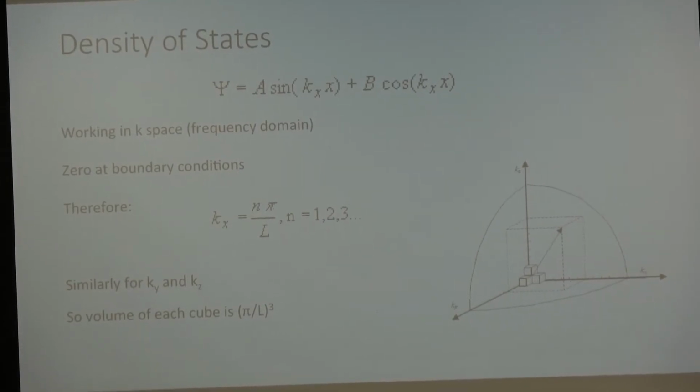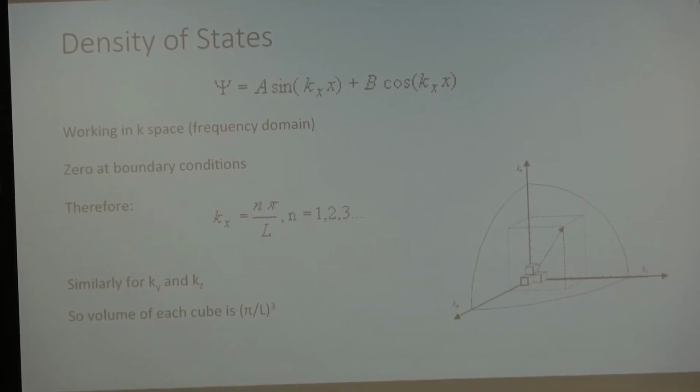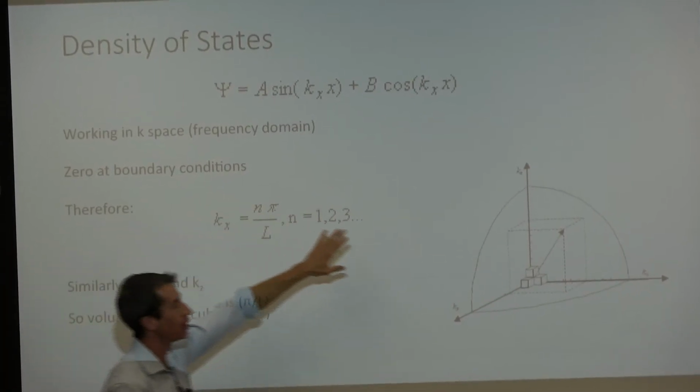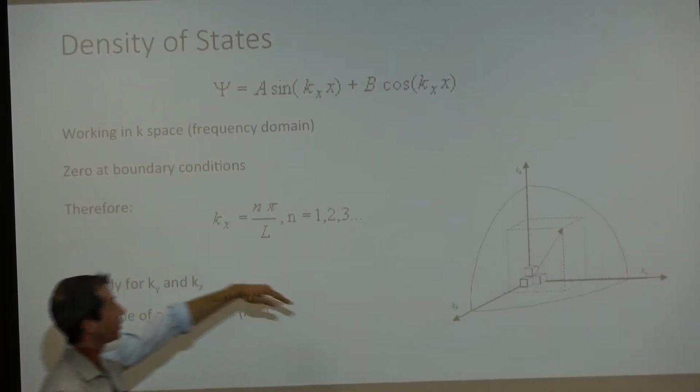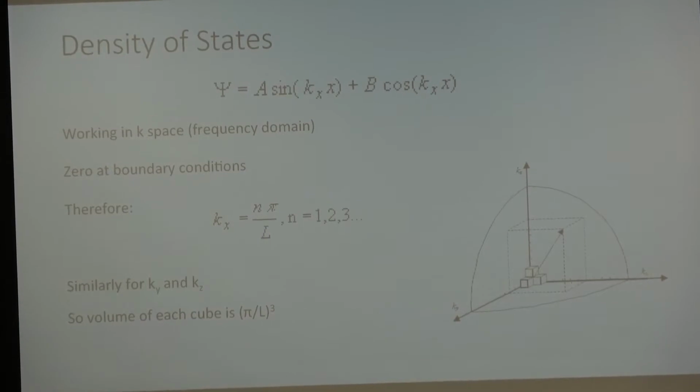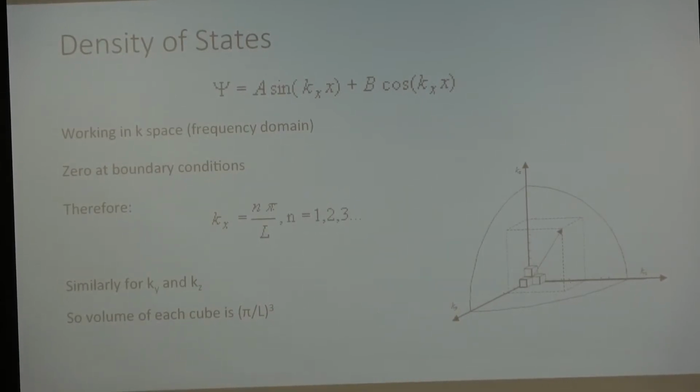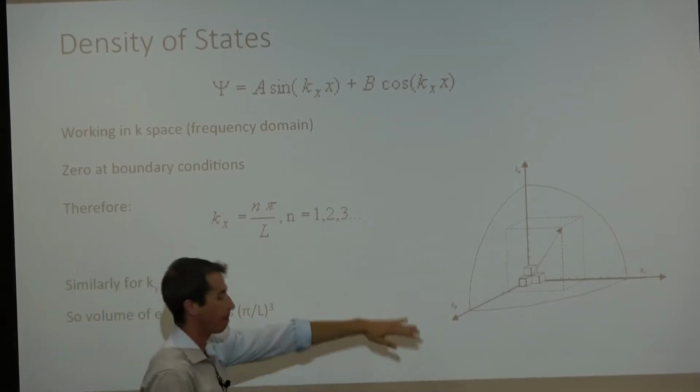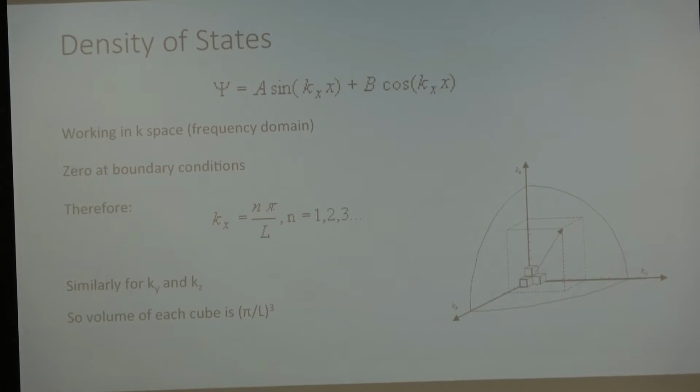The first one is that the wave function in this semiconductor is going to be a summation of a constant A times the sine of the wave number k_x times x, and B times the cosine of k_x times x. Same thing for y and z. You've just got to trust me on that one.